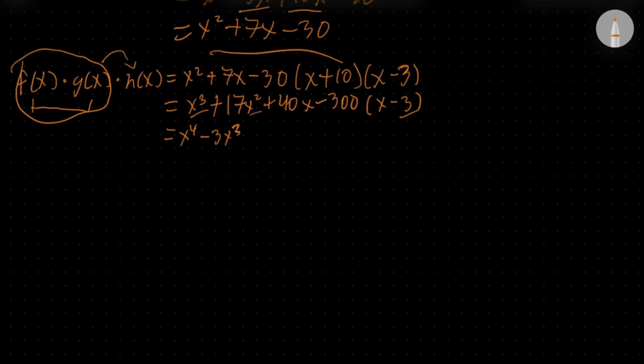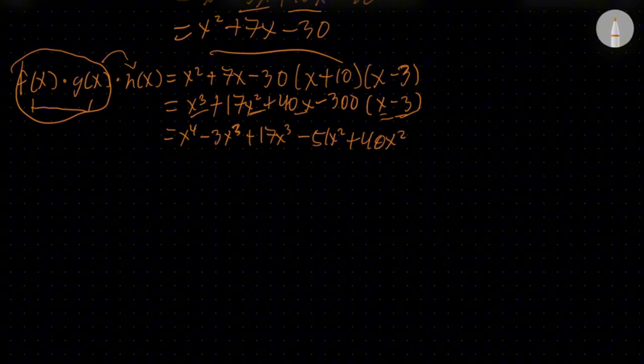And then 17x squared times x is 17x cubed. And 17x times negative 3 is negative 51x squared. And 40x times x is positive 40x squared.